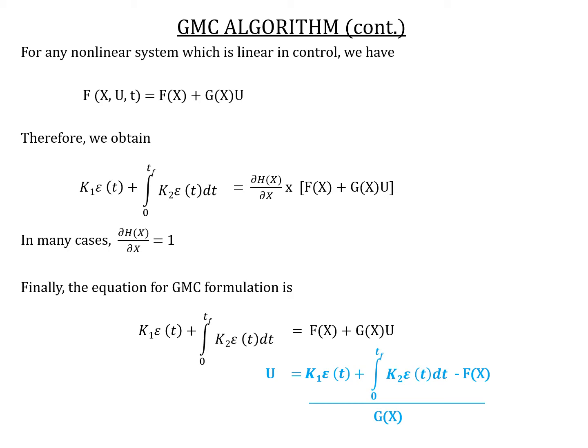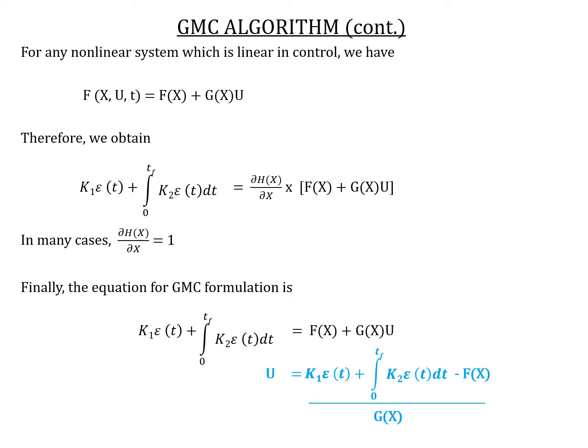Most of the time dh/dx is 1, where y itself is the state variable that we want to measure. So the GMC formulation simplifies from here, and from there we can formulate the u in terms of this equation. This is the GMC equation for the manipulated variable.